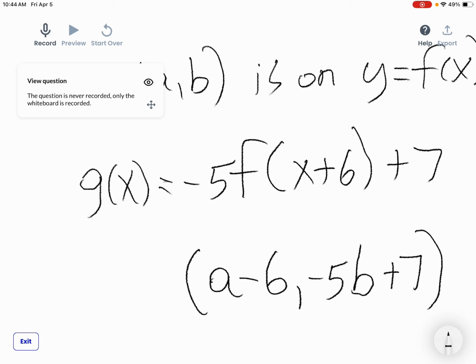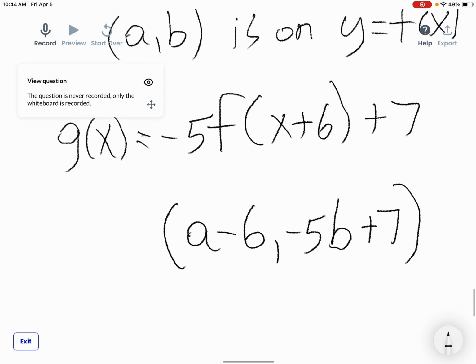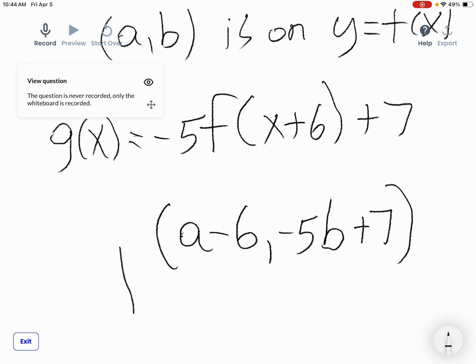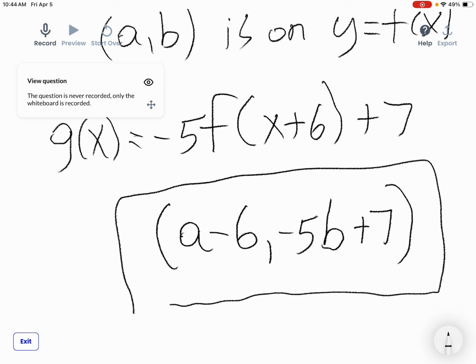Therefore, regardless of whatever the point AB was, after we do this transformation to get g of x, the point AB is going to go to the point A minus 6, comma, -5B plus 7. And that is our new XY point after the transformation.